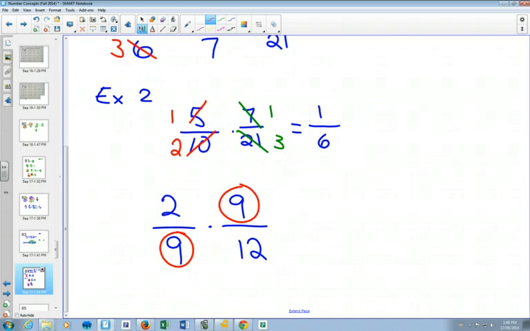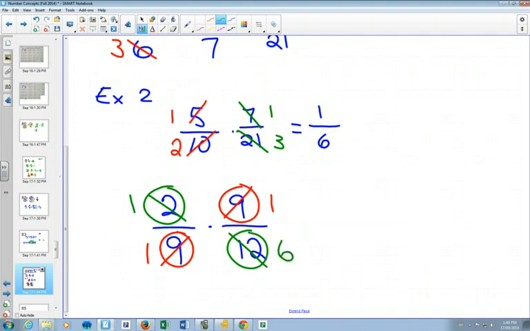That would be 1 over 1. Can I simplify the other diagonal, the 2 over 12? They both divide by 2, right? So then I can make this 1 and this 6. And what do I have left? 1 times 1 along the top is 1. 1 times 6 on the bottom, 1/6.